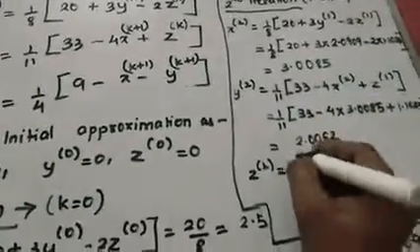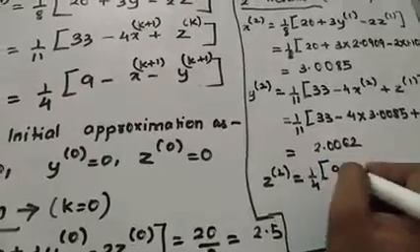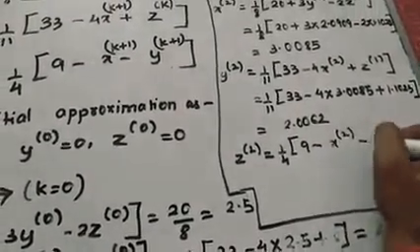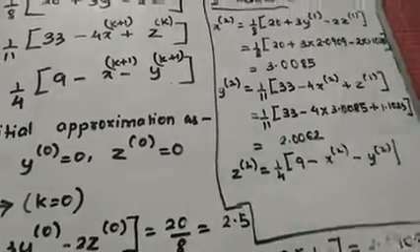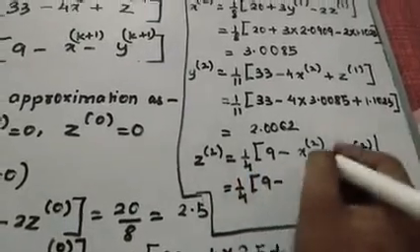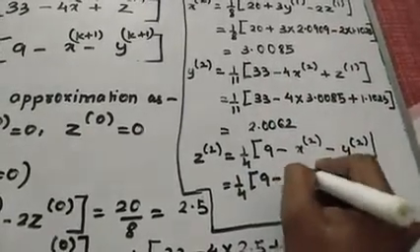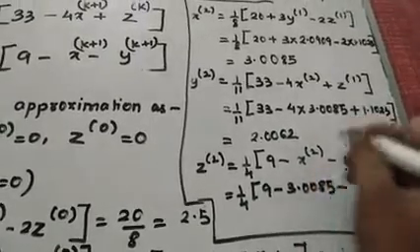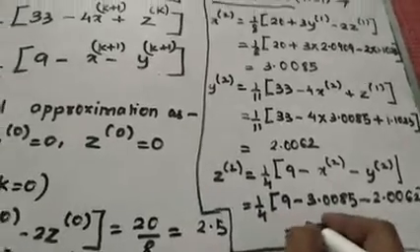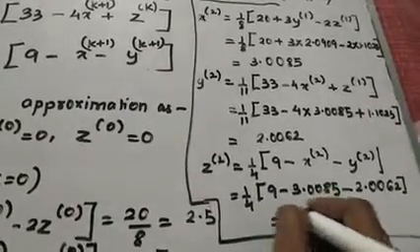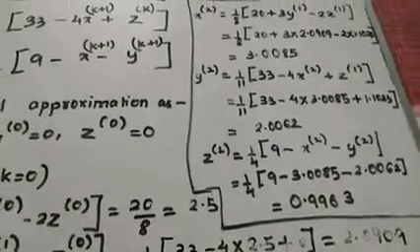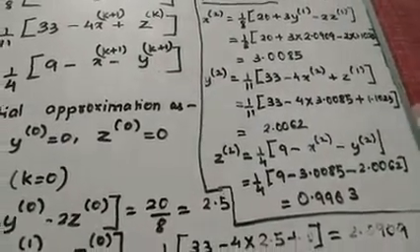Now here 1 by 4 (9 minus x2 minus y2). Now putting x2 and y2 values, x2 is your 3.0085, y2 is your 2.0062, and after calculating you will get your value z2 as 0.9963. So see, we have got our x2, y2 and z2.